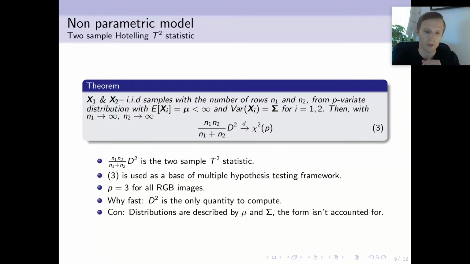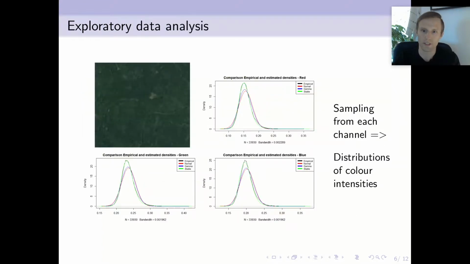But before going into details, let's take a look at the data. This is again a picture of a forest, and we plot empirical density functions for each channel. This is red, this is green, and this is blue. Empirical density functions are shown as black.